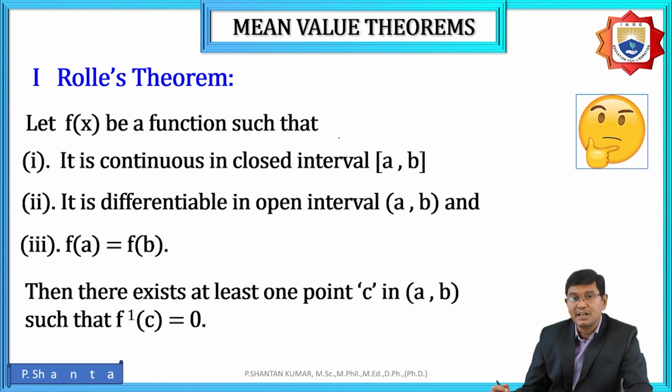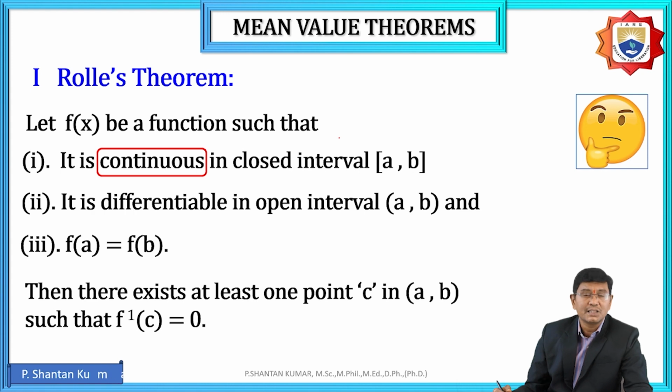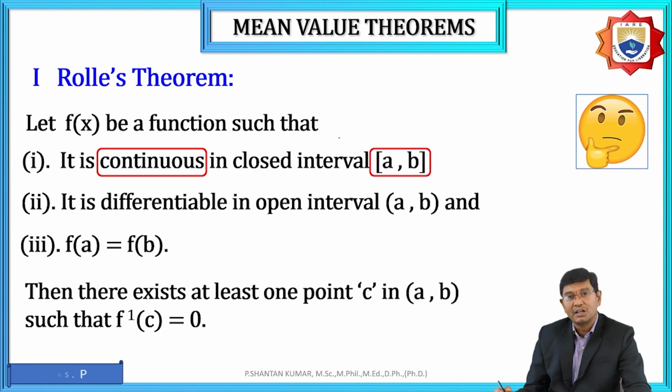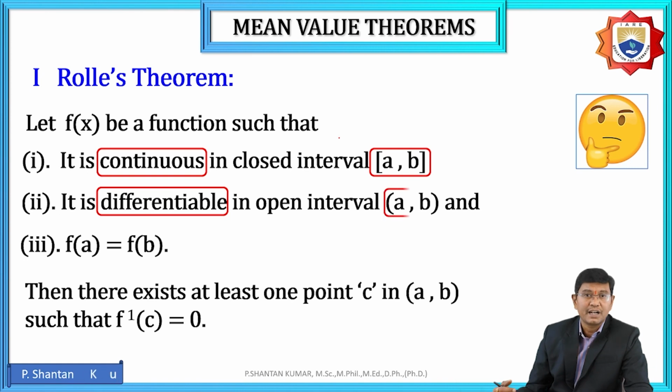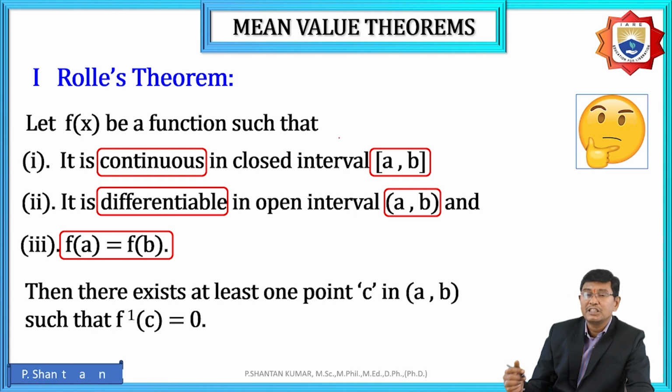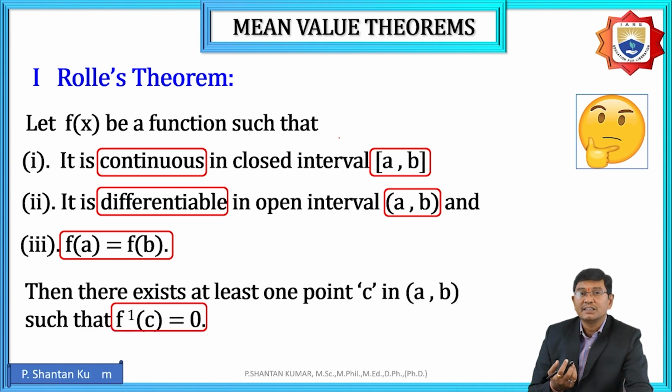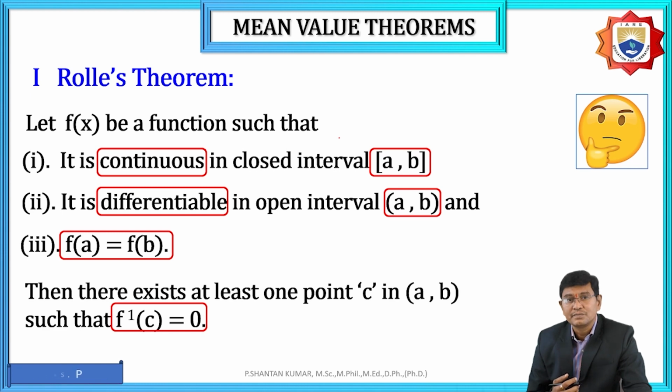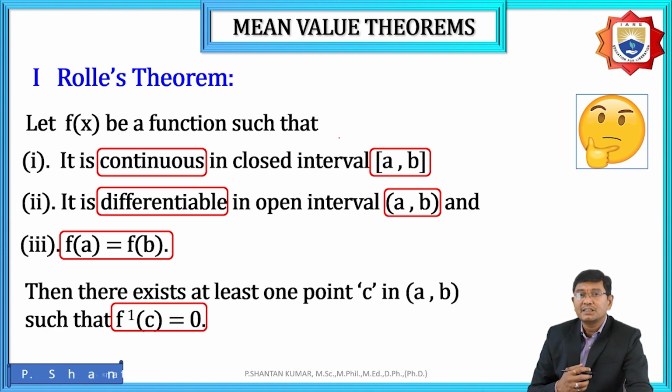We need to remember: continuous in the closed interval [a, b], differentiable in the open interval (a, b), and f of a is equal to f of b. Then there exists c belonging to (a, b) such that f dash of c is equal to 0. These are the three conditions to satisfy, and then we find the solutions.